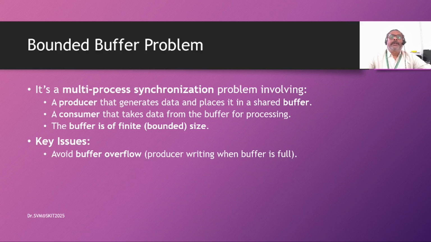Before producing the data, the producer should make sure that there is enough space in the buffer to write. Only if there is space should it write. If there is no free space, then the producer should not write. That means making sure there is no overflow of the buffer. This is the problem to be solved by the producer: the producer should ensure that the buffer never overflows.